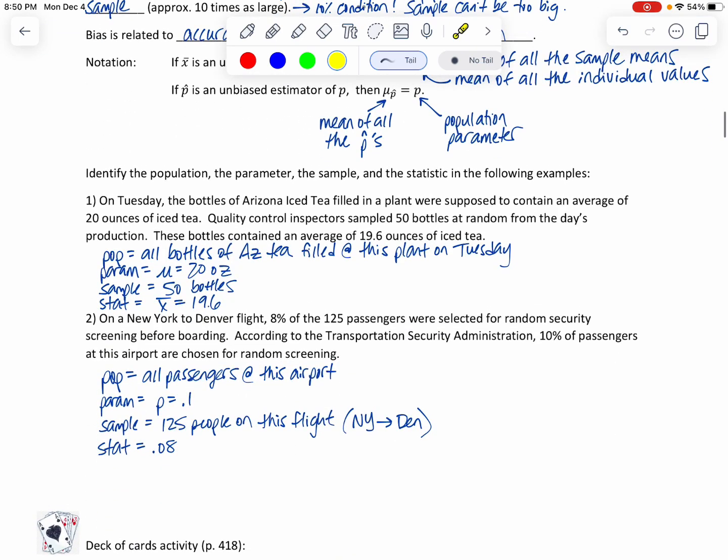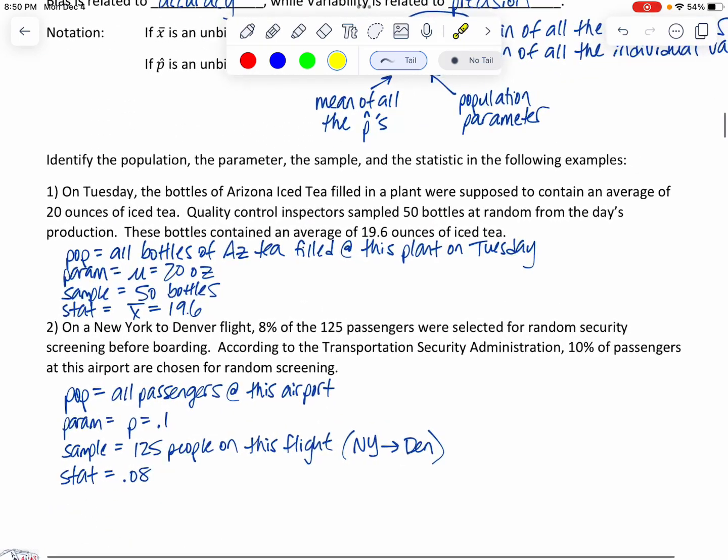These last two examples, just to summarize the difference between a population and a parameter and the sample and the statistic. You can go ahead and read through these two examples, and I usually save this for a warm-up in class, but the population is all of the bottles at this plant on Tuesday. The parameter is what we are assuming to be true, the 20 ounces, what is claimed by the Arizona tea plant.